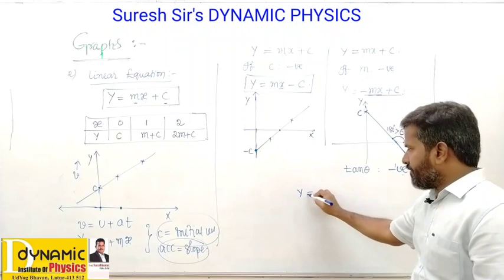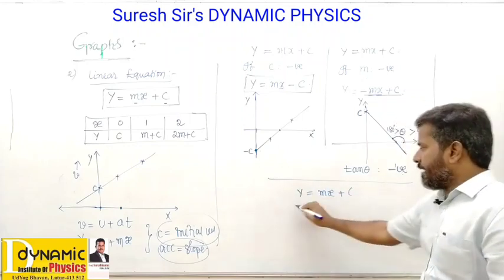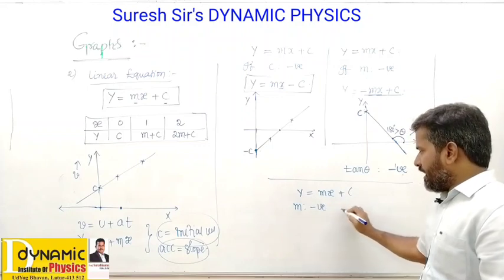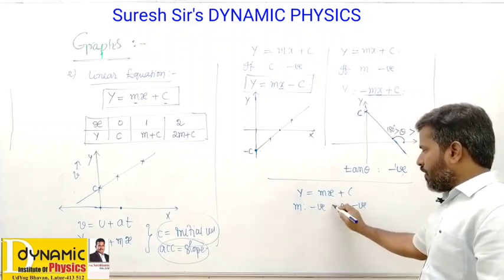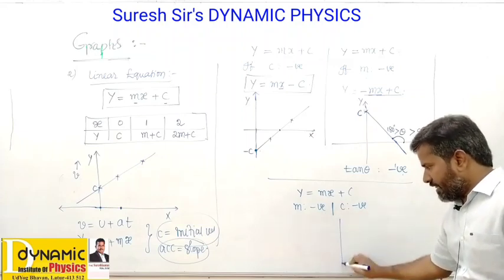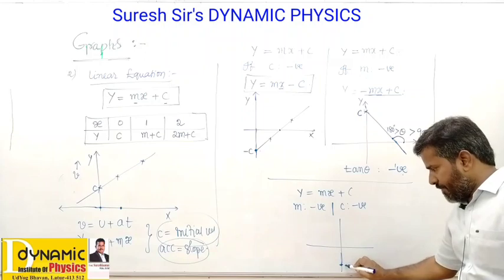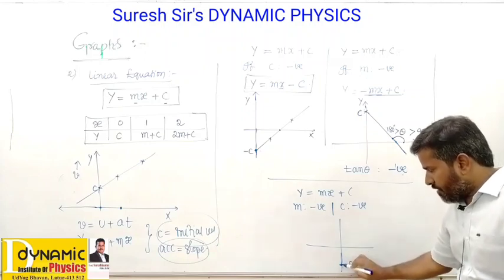Suppose y equals mx plus c, and m is also negative and c is also negative. What is the shape of this graph? Both m and c are negative, so c is minus c and the slope is also negative.